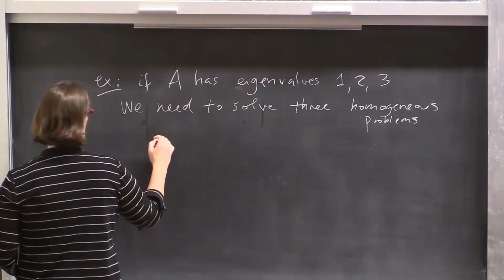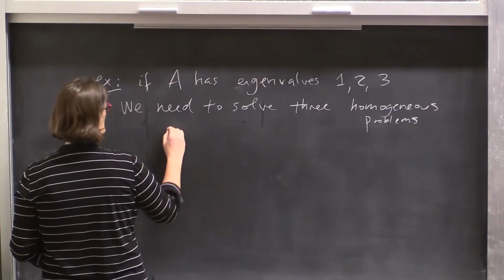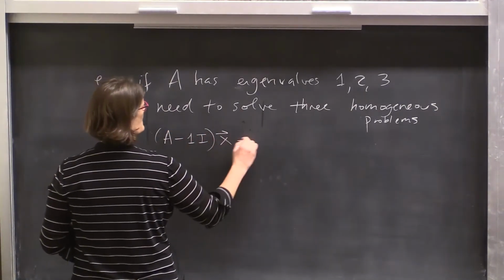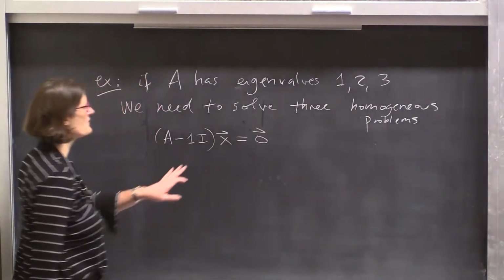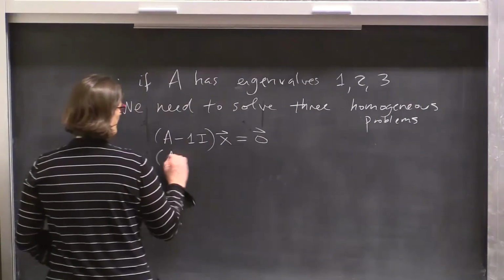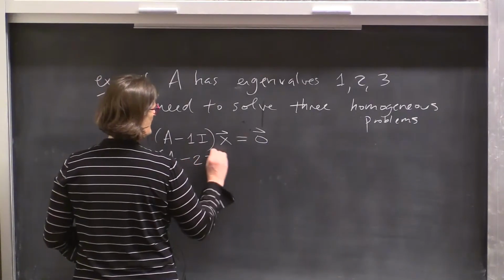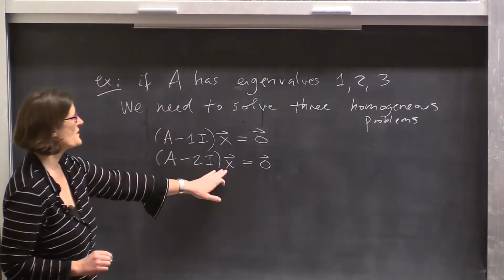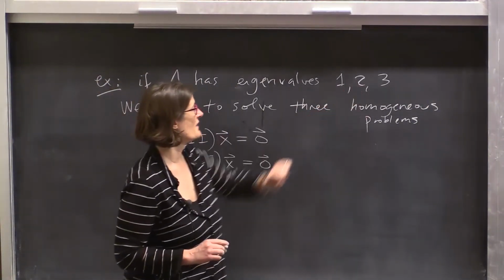The first one would be to find all solutions of A minus 1 times the identity times x equals 0. That will give you eigenvectors for eigenvalue 1. Then you have to solve A minus 2 times the identity times x equals 0. That will find you the eigenvectors corresponding to eigenvalue 2.